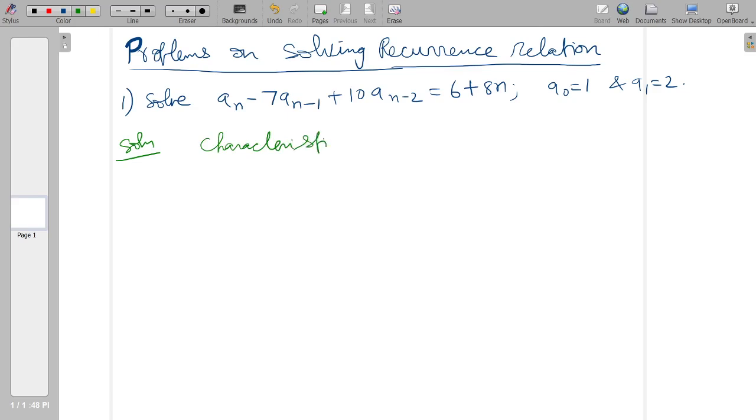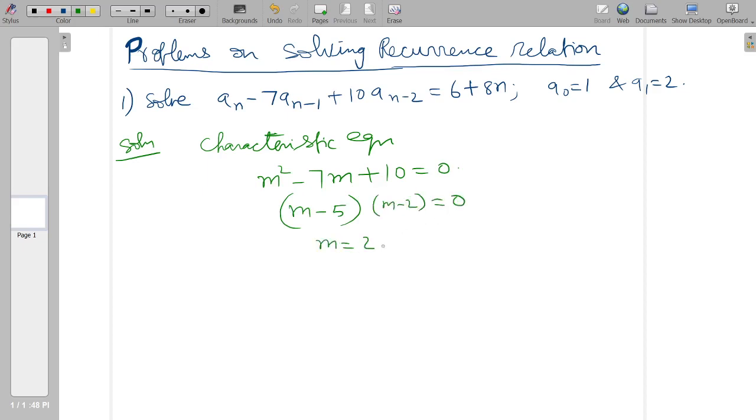What is the characteristic equation? The characteristic equation is m squared minus 7m plus 10 is equal to 0. So I get (m minus 5)(m minus 2) is equal to 0. So the roots are 2 and 5.